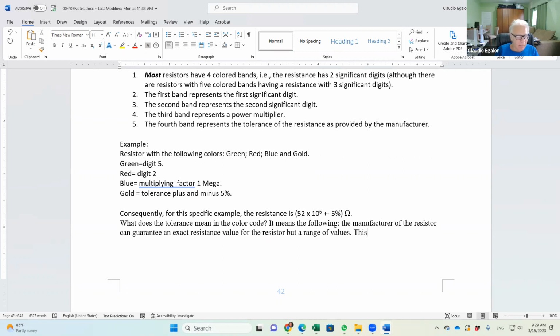The range of values for the above example goes from 0.95 times 52 times 10 to the 6 ohms, which is minus 5%, to 1.05 times 52 times 10 to the 6 ohms.